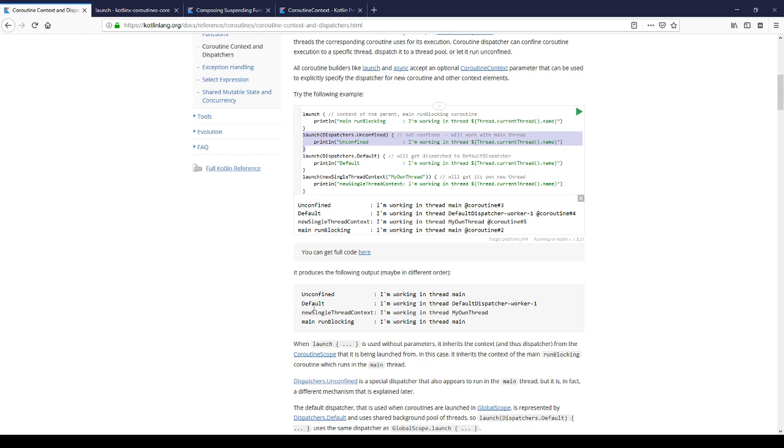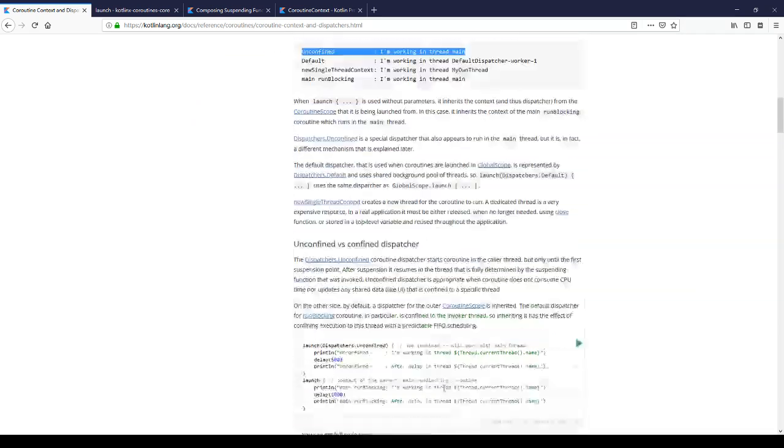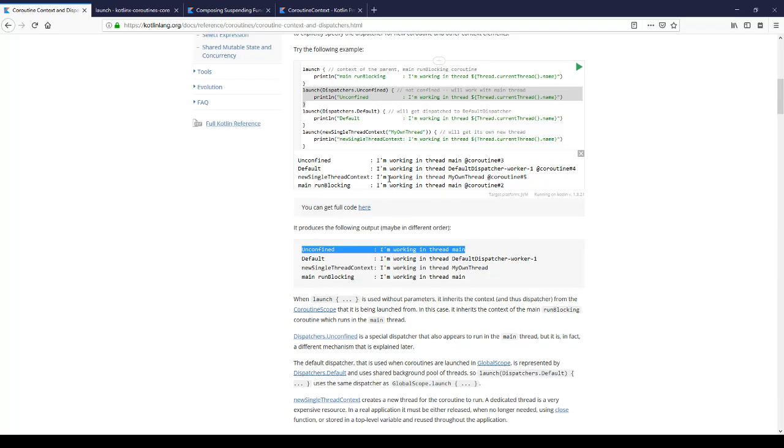But hey, there's an exception here, and I sincerely don't know how I should look at this. Let's move forward and see if it's explained. Initially I was expecting these two to be executed last, and these two would happen somewhere in between.